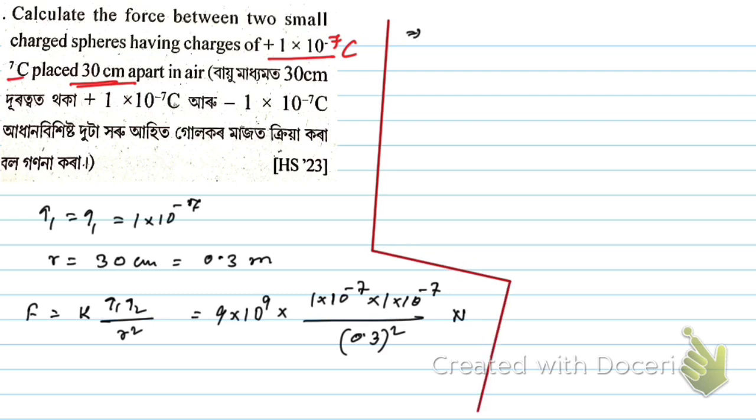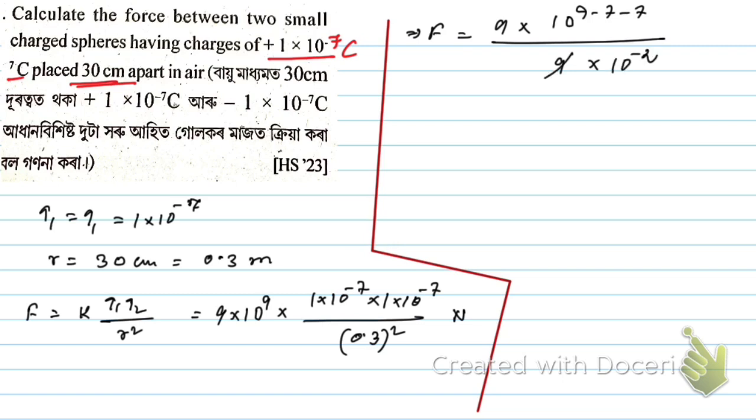So F is equal to 9 into 10 to the power 9 minus 7 divided by 0.3 square, that's going to be 0.09. And if you write this one as 9, then you can write here 10 to the power minus 2.